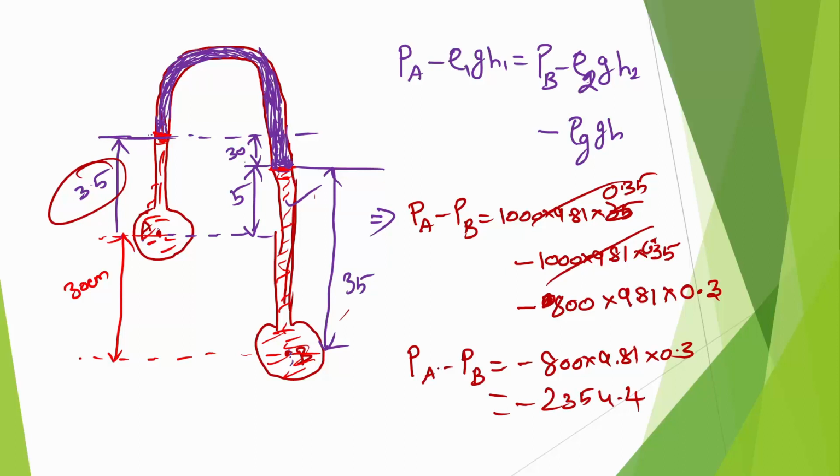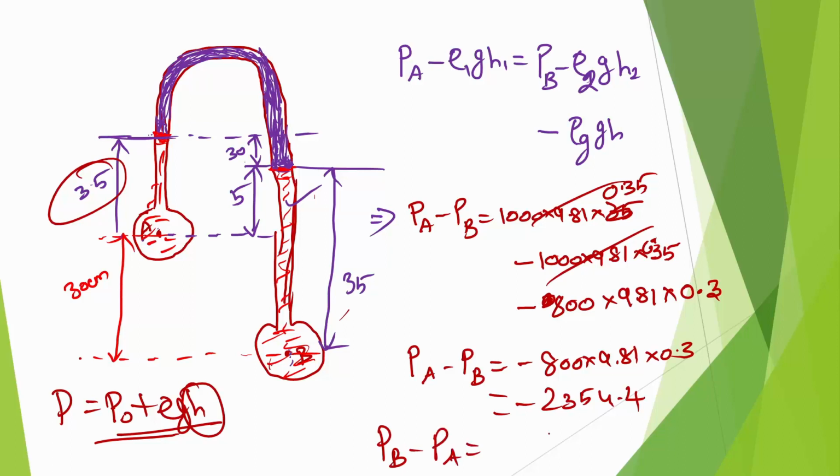That technically means my pressure PB is greater than PA, and from the diagram itself we knew it, because the more the depth you go, the more is your pressure, because pressure at any point at the bottom is equal to pressure at a particular top level plus rho g h. So the more down you go, the more is your pressure. So I can write this as PB minus PA, indicating that my PB is greater, is 2354.4 Newton per meter square. This is my final answer.